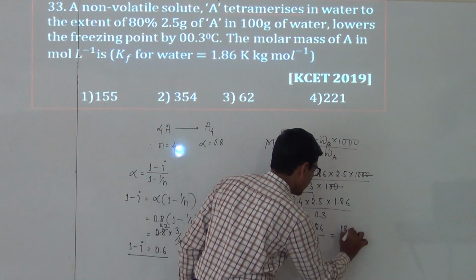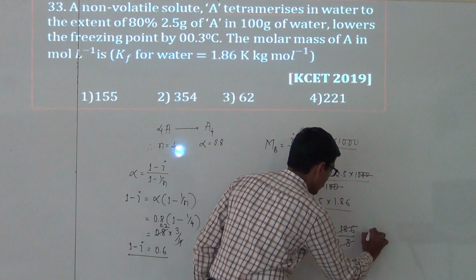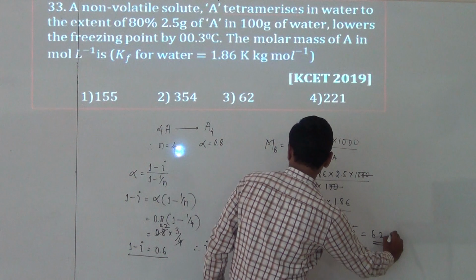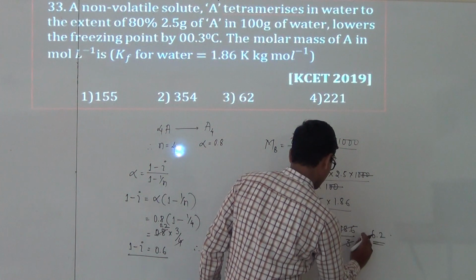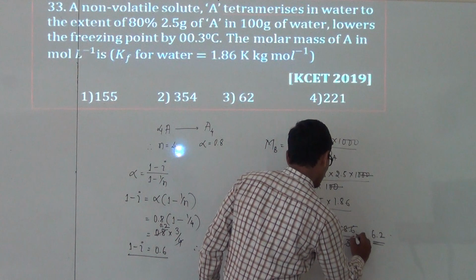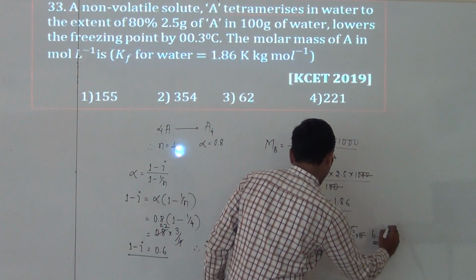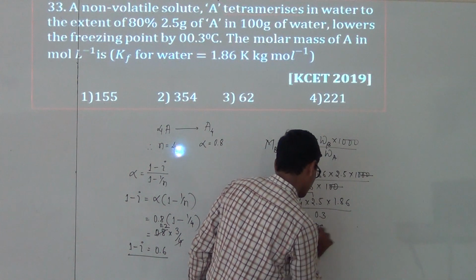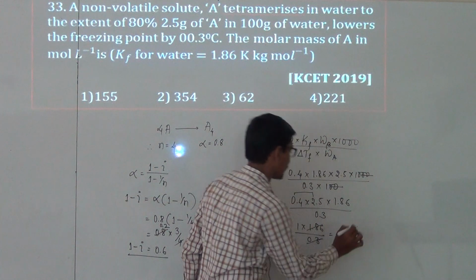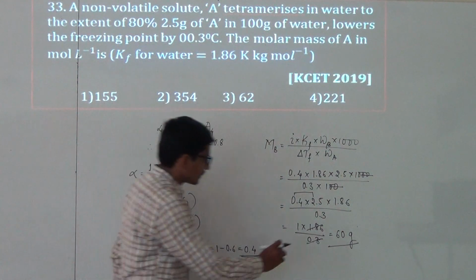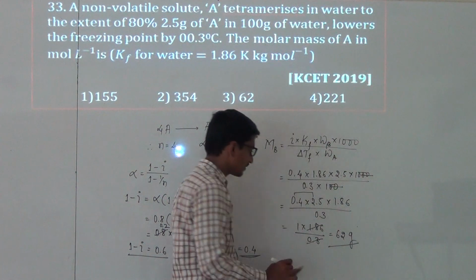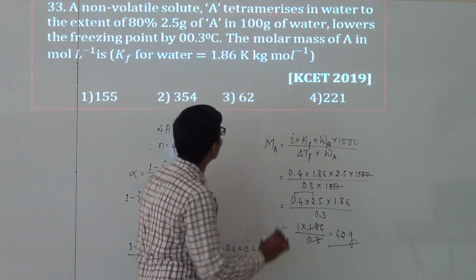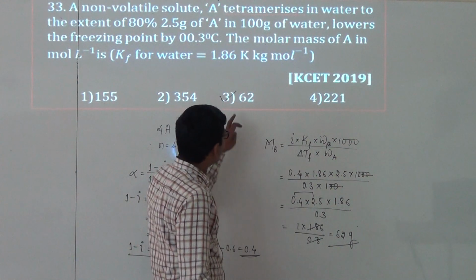This is equal to 18.6 by 3 into 10, which is 62 gram per mole. That is option number 3.